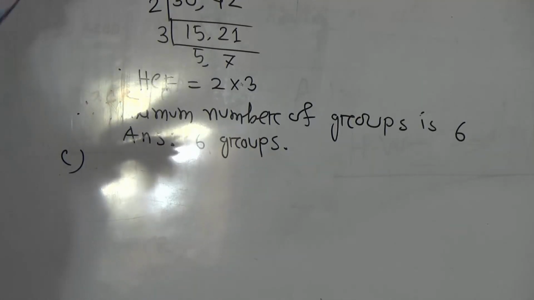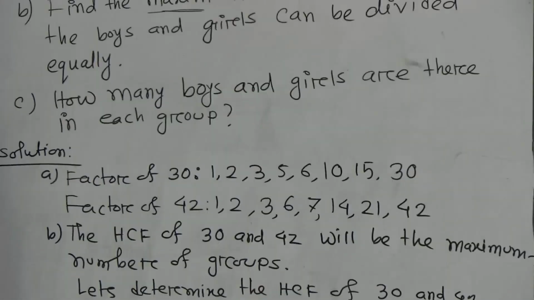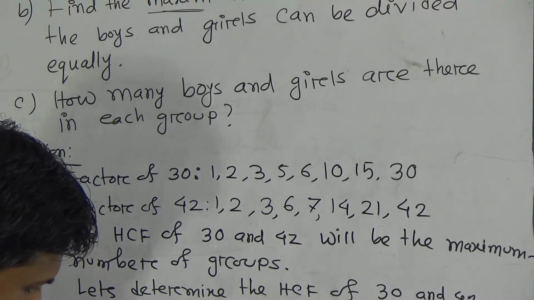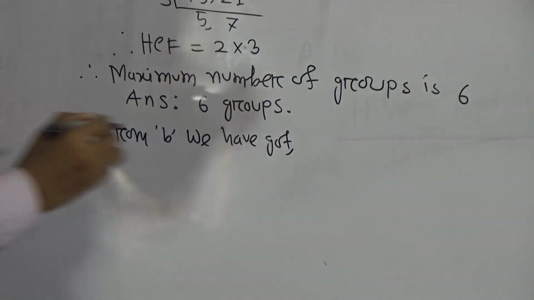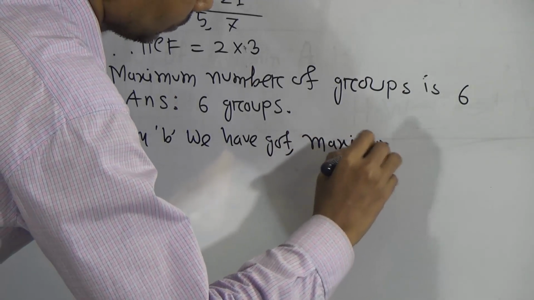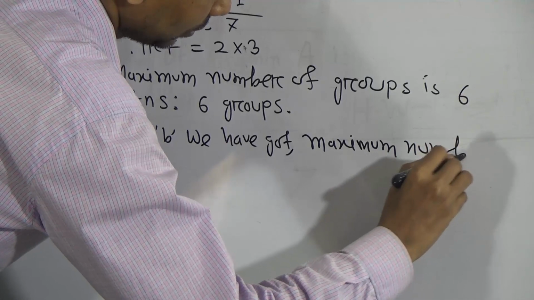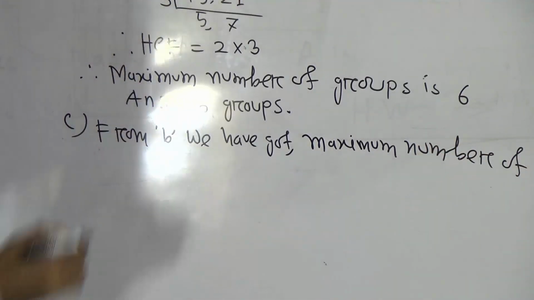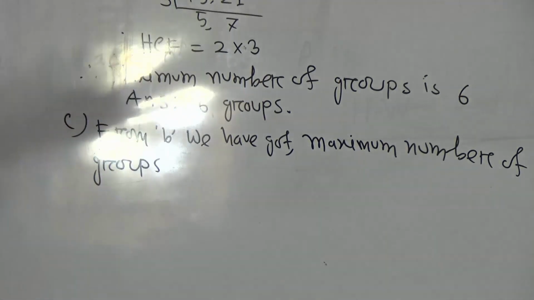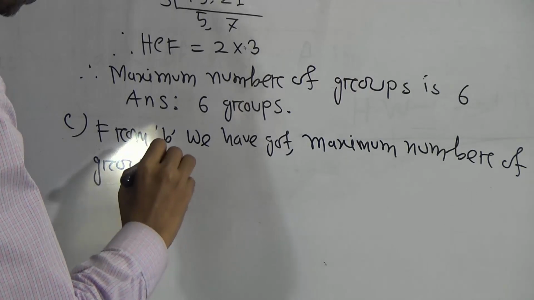At first you have to write what you got from B. From B we have got the maximum number of groups. We have got the maximum number of groups is 6.